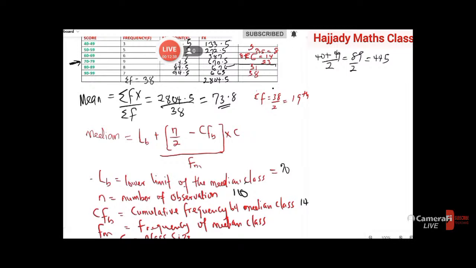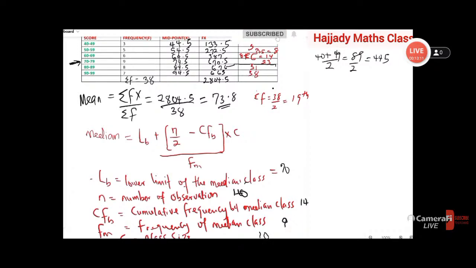And lastly, we have the frequency of the median class. Since this is the median class, the frequency of the median class is 9, while our class size is 10.